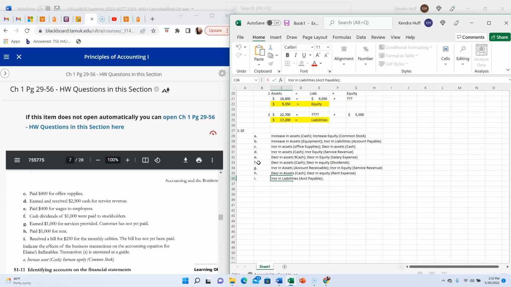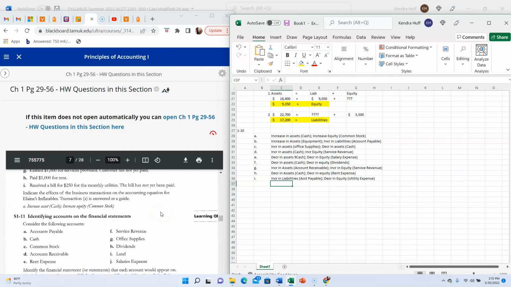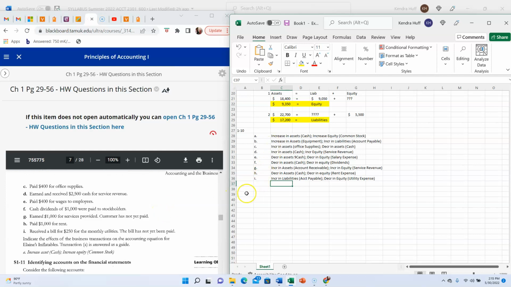And it's utility expense, so that's also going to decrease equity. All right, so that's what we had to do for number 10.